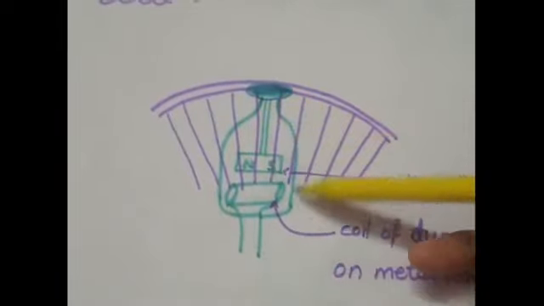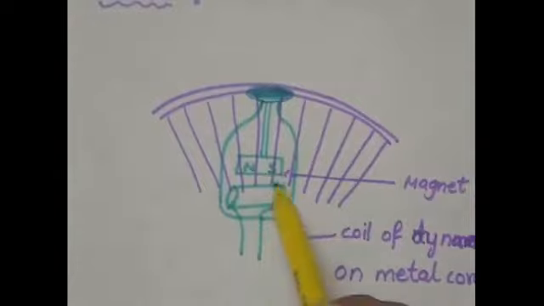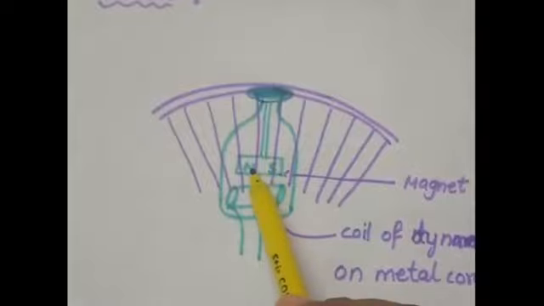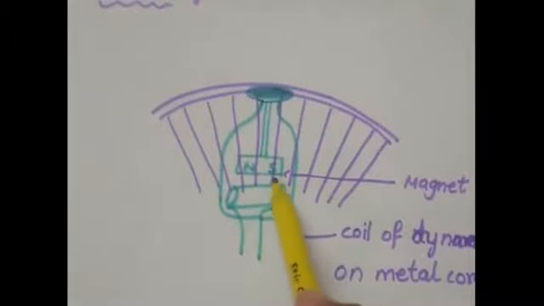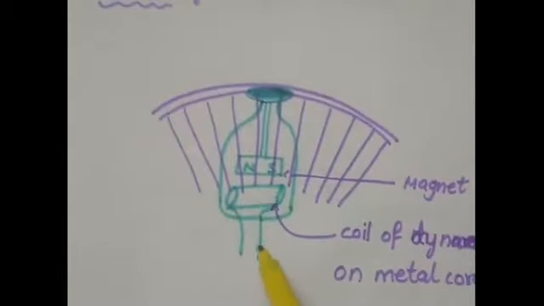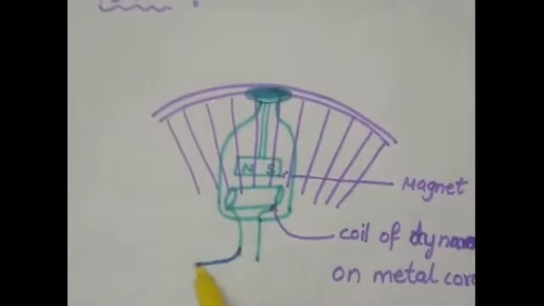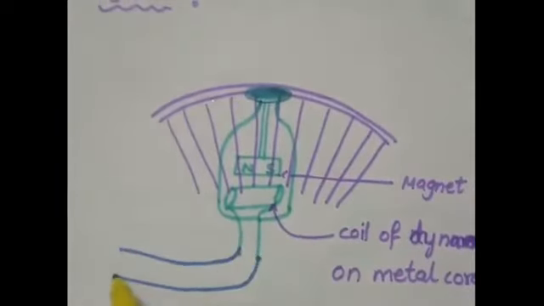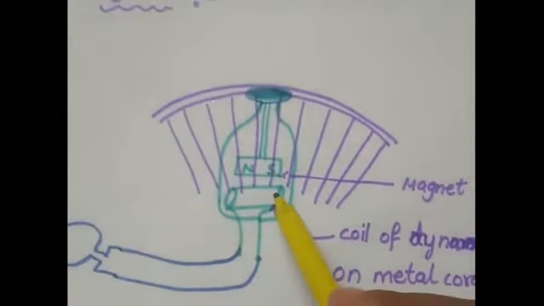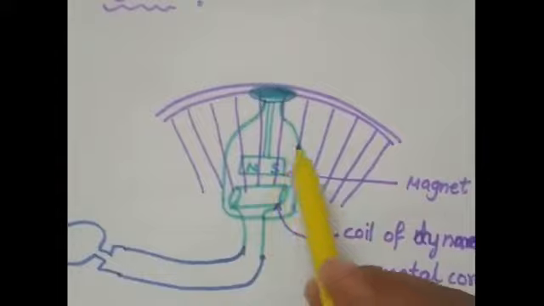Inside this cup, as you are seeing here, we are having a coil which has a soft iron core, and here north south is written. So this is a bar magnet placed inside this dynamo, and these are the connections taken from the coil, and they will go to a lamp connected to the steering, or you can say the handle of the bicycle, where the lamp will be present, and that will glow when the current is induced in this coil with the help of this magnet.